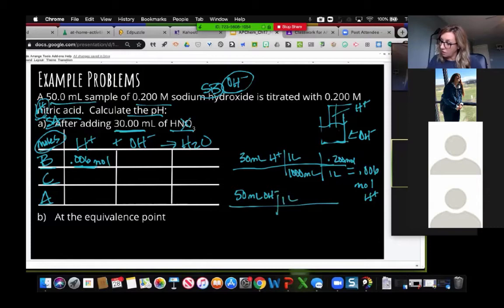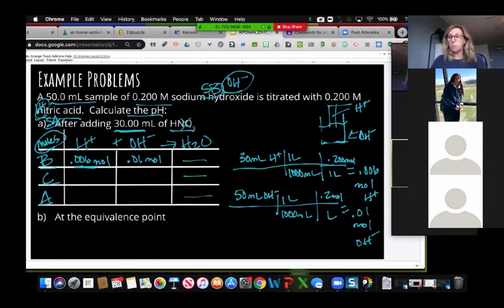Change it to liters. And then it is also 0.2 moles per liter. So that's 0.01 moles of OH minus. So then that goes here. And then for water, because water is a liquid, we're not going to worry about that. So that's going to get just ignored.